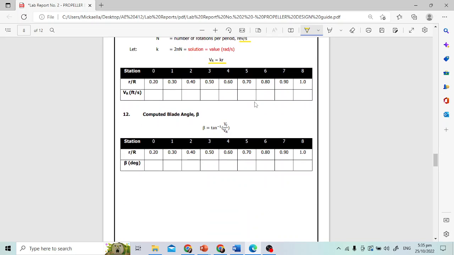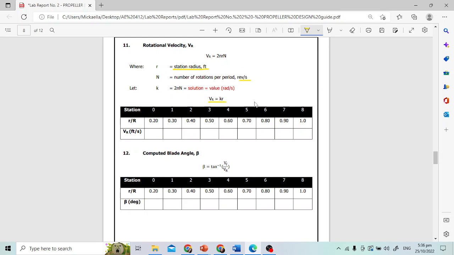Now, for the 12th part, we have the computed blade angle. Once you have your rotational velocity na, which is yung nasa part 11, use your assumed value of V sub F, yung initial assume natin kanina. Diba? Nag-assume tayo ng ating maximum forward velocity.